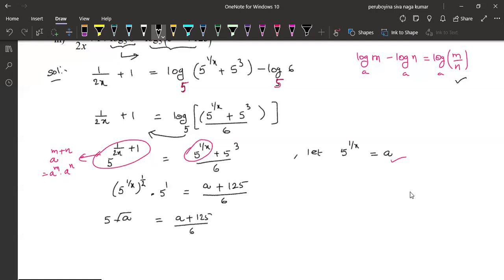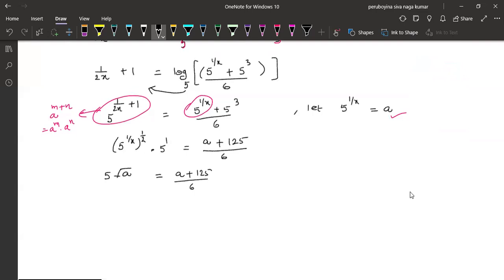Do cross multiplication, so 6 is moved to that side. 6 fives are 30, root a is equal to a plus 125.